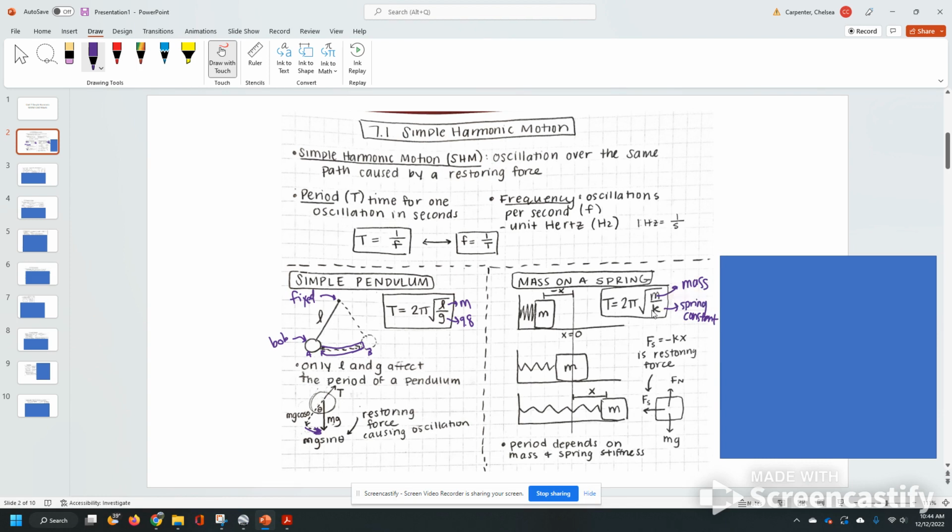What that looks like, let's say we have a mass on a spring, we compress it some distance negative x. It's going to be pushed by that spring force, which is going to be our restoring force, to equilibrium, and then it'll stretch out to some maximum displacement x and then bounce back and forth.